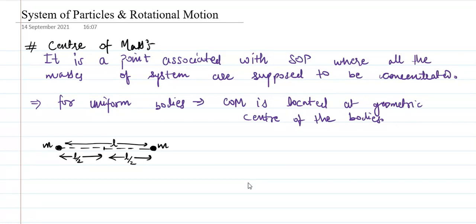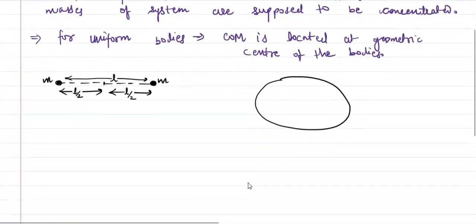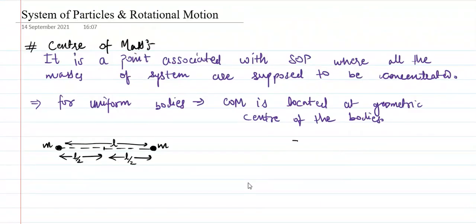Okay, let's suppose we have a sphere. Now you know that a sphere is a uniform body. Mass of a sphere is uniformly located at a distance r from the center.